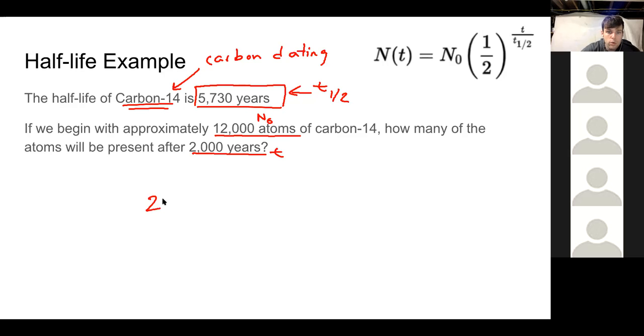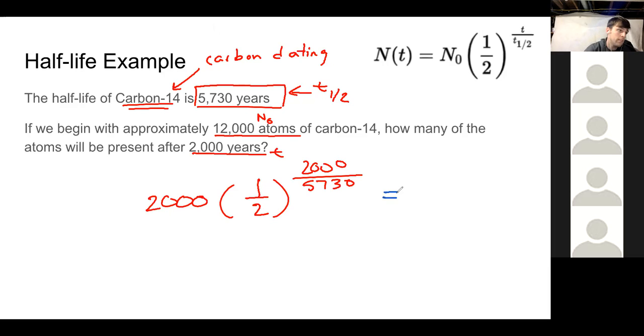We get 12,000 is our initial amount times 1/2 to the 2,000, that's our time, over 5,730 years, our half-life. So we can, again, do a quick calculation of this and see how much would be left after 2,000 years.